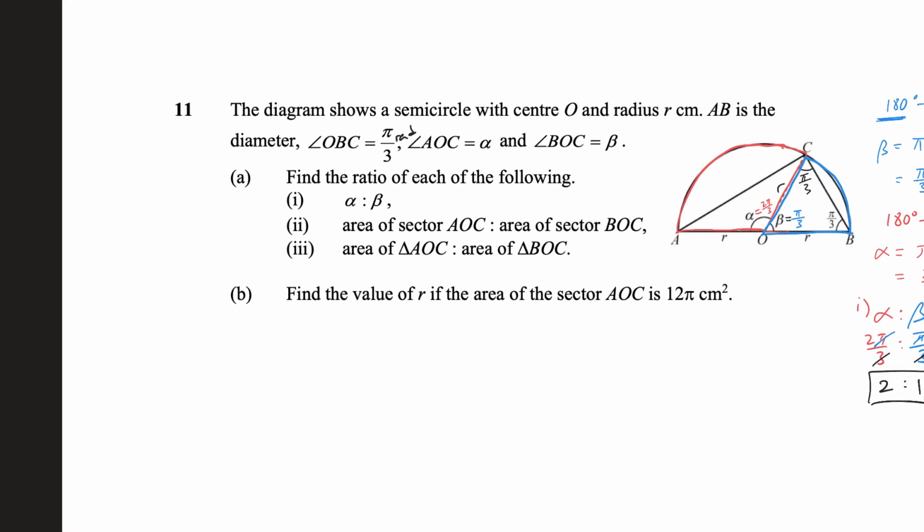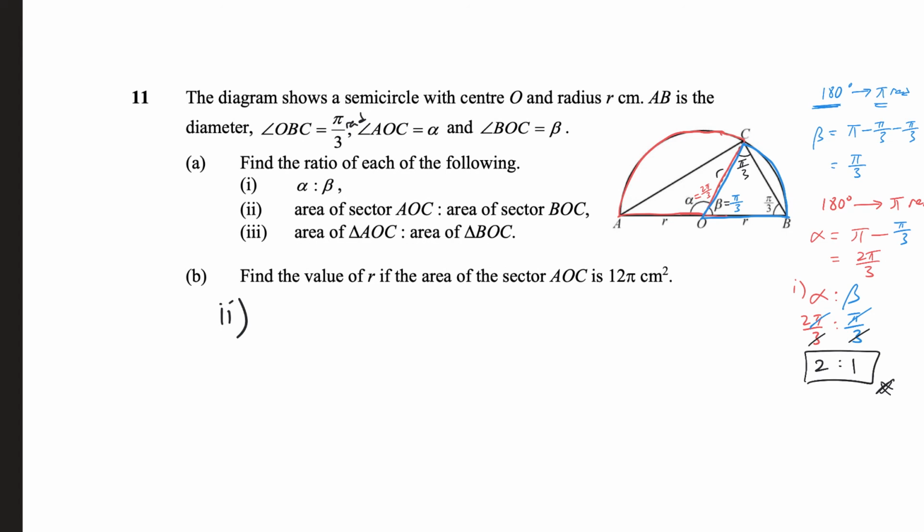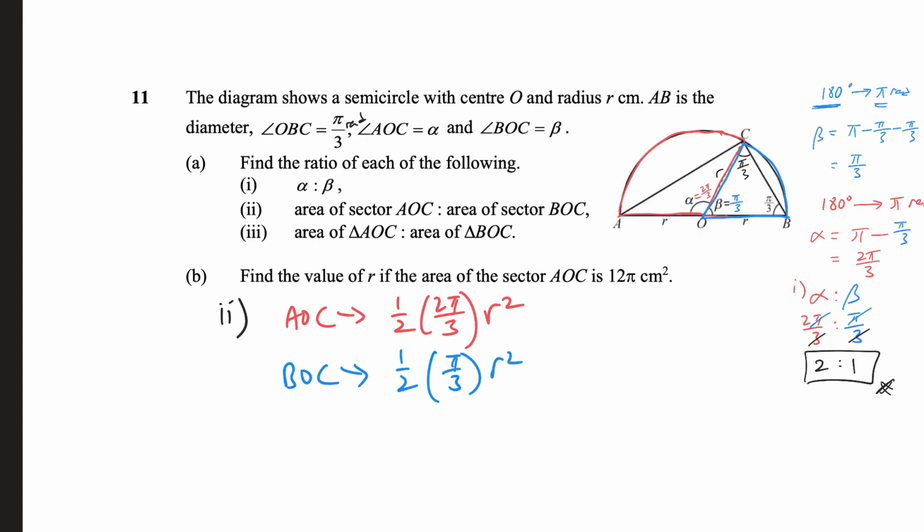Since we already found the alpha and beta angles, it really does help. So for AOC, it's half theta r squared, and do we know what r is? We don't, but it's okay. For sector BOC, the area is half pi over 3 r squared.